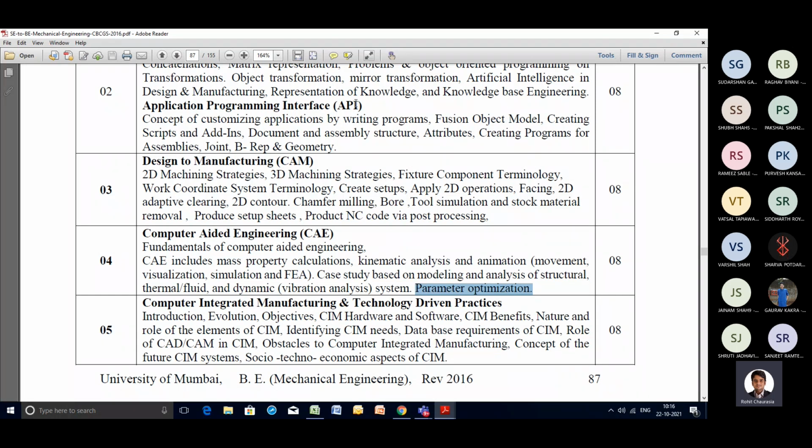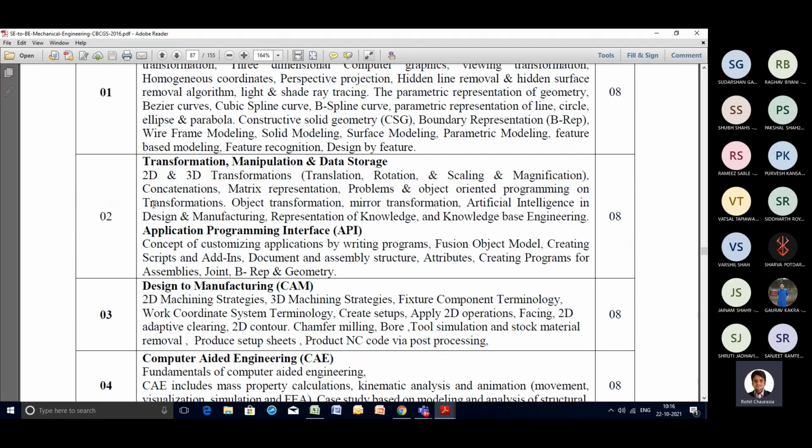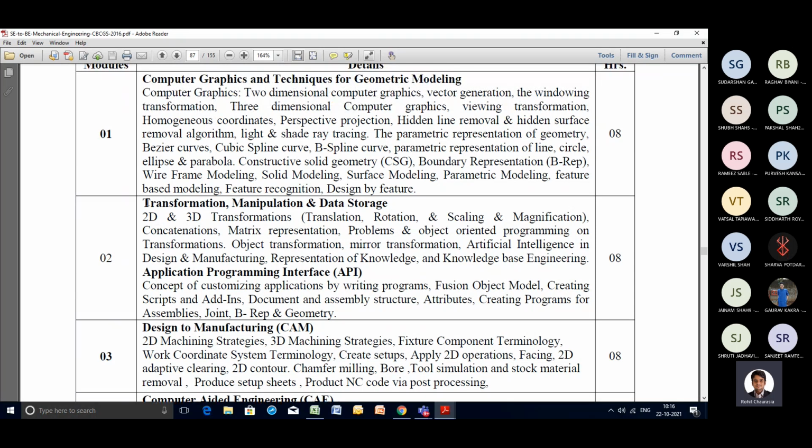So basically, if you look here, I have already said that the second module is a very important part. In the first module, from hidden line removal to this last part, the initial part is only the computer screen and other parameters, so that is not that important. But when you look at the hidden line algorithm, B-spline curve, Bezier curve, cubic spline curve, this part is important.